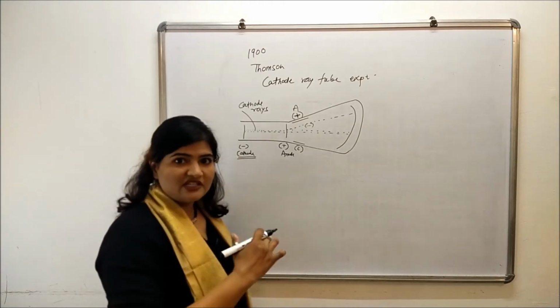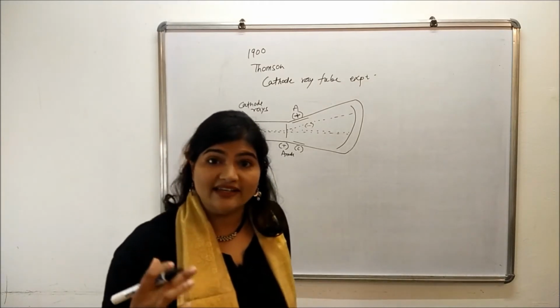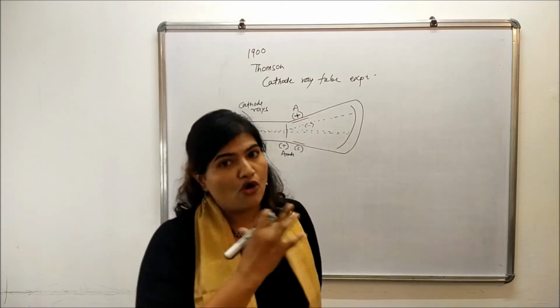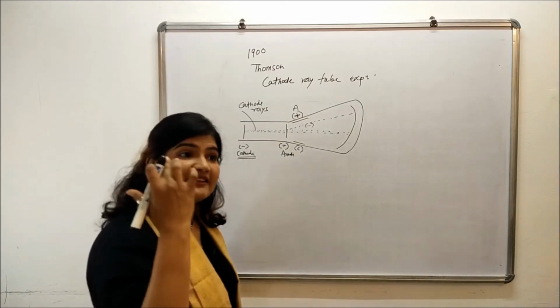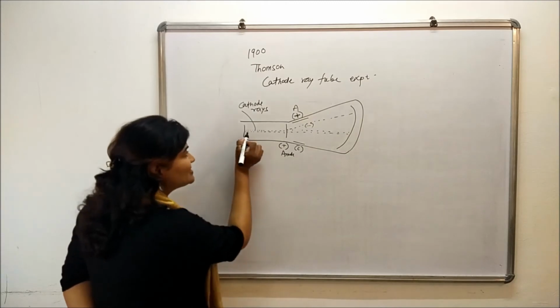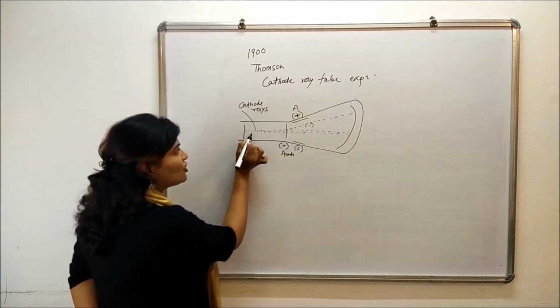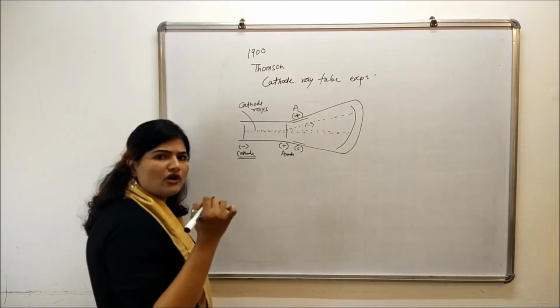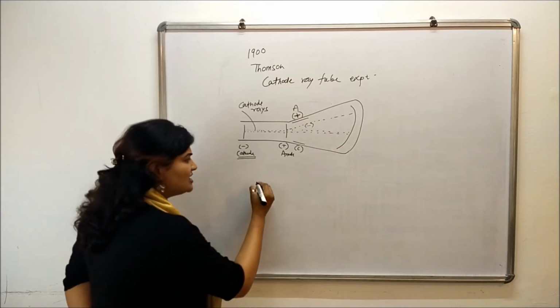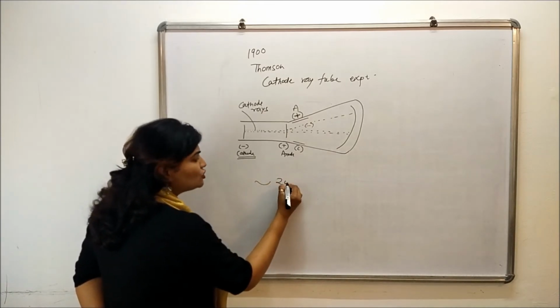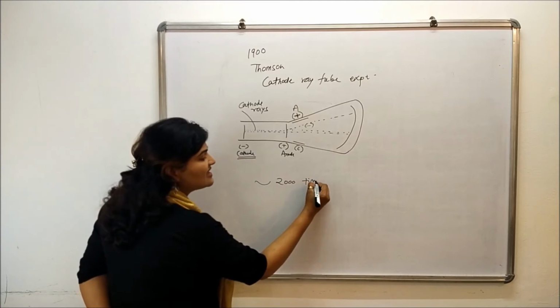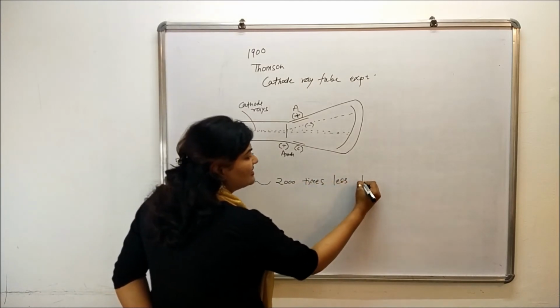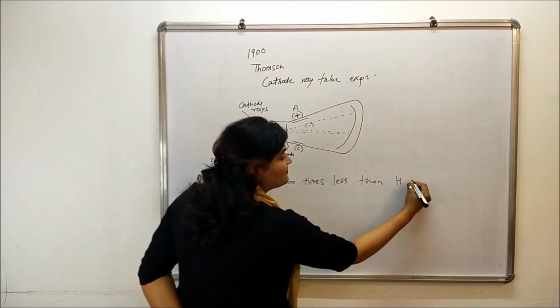Through these experiments, he also managed to find the mass to charge ratio of these particles, and he realized that the mass of these particles, originating from this electrode or any electrode for that matter, is approximately 2000 times less than a hydrogen atom.